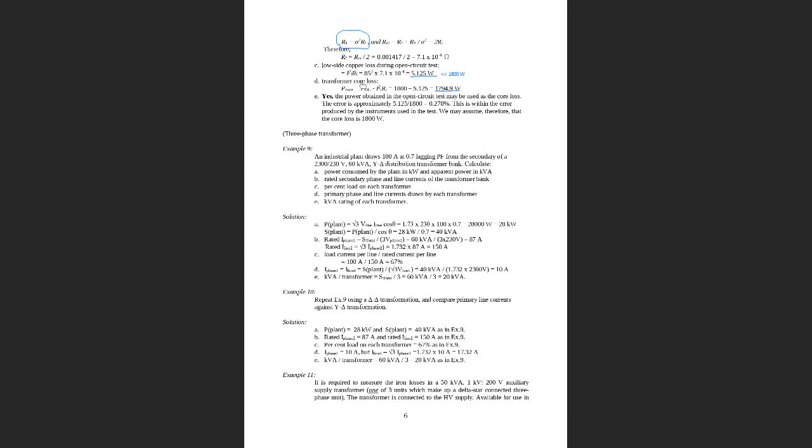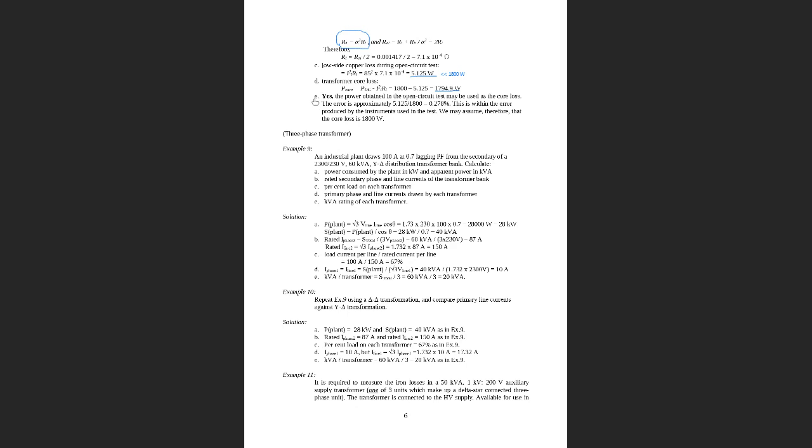So the transformer's core losses can be estimated from the open circuit test as 1,800 watts, but the internal copper losses during the open circuit test at the secondary side, the lower side, is about 5 watts. So exactly speaking, the core losses will be 1,795 watts, but almost the same as 1,800.